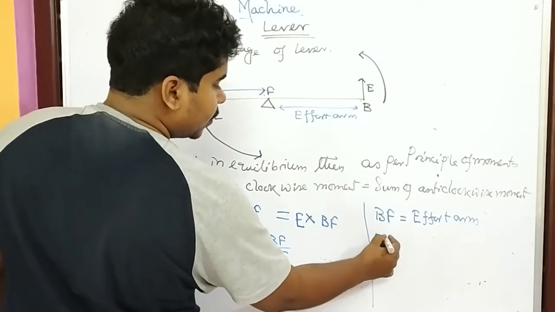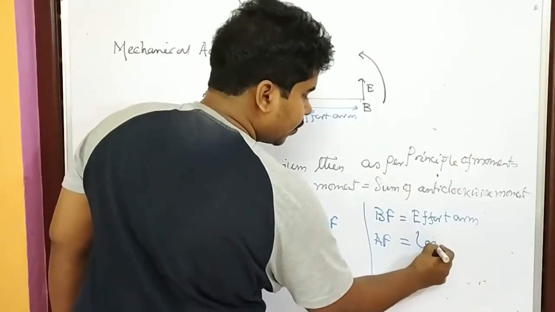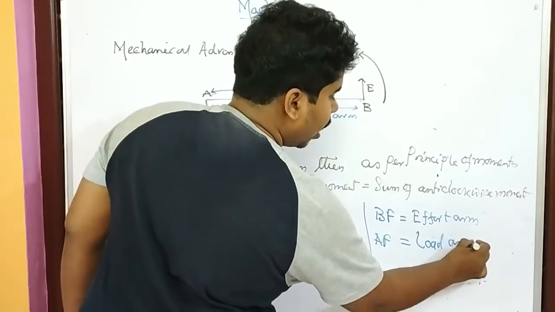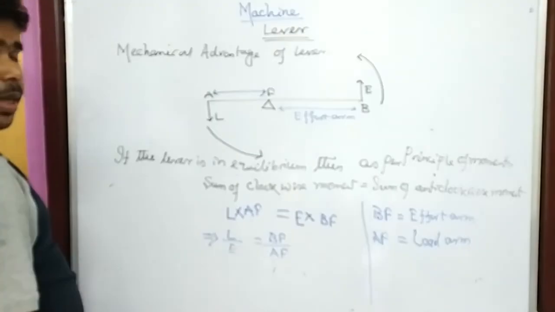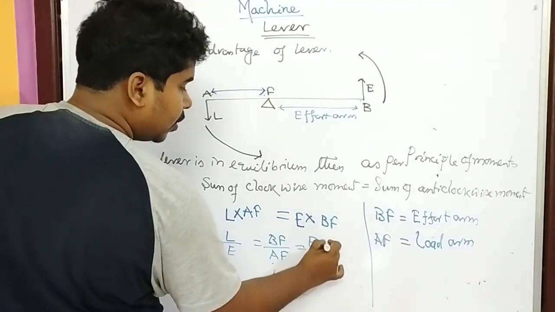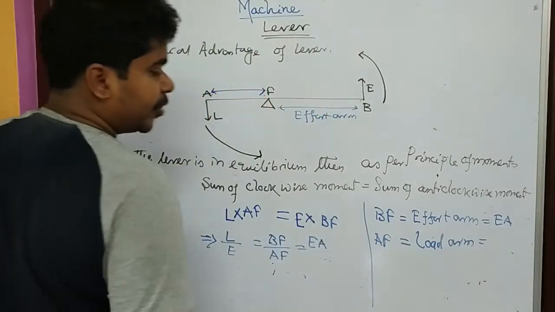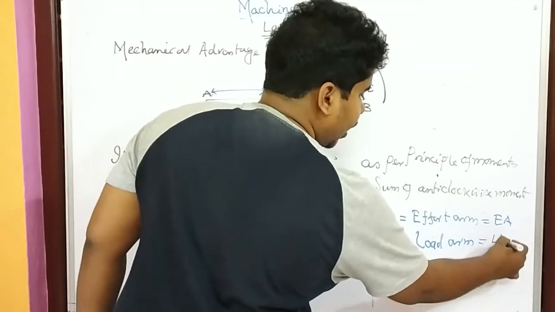AF, in this term the load is there, so it can be taken as load arm. So BF by AF is equal to effort arm, denoted as EA, that is the short form abbreviation, by load arm LA.